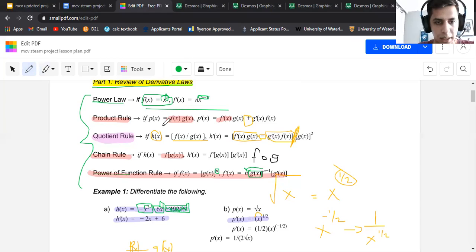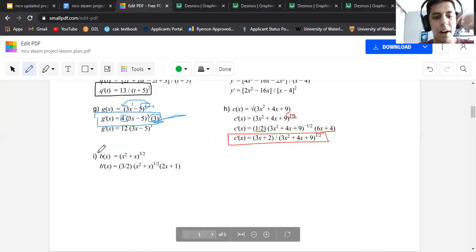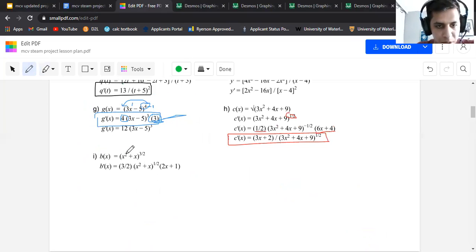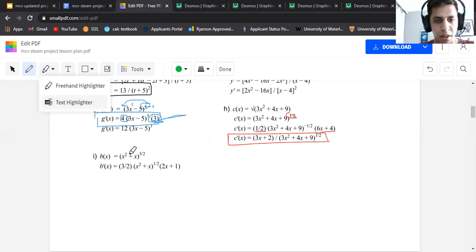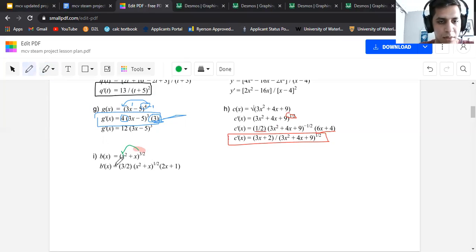And we'll look at this example right here. We have b of x is equal to x squared plus x to the 3/2. So this is a case where the numbers aren't so friendly. Once we're done with bringing this in front, as we did here, and took the derivative of what's inside, which ends up being right here, we don't really want to multiply these two together because it'll get a bit messy.